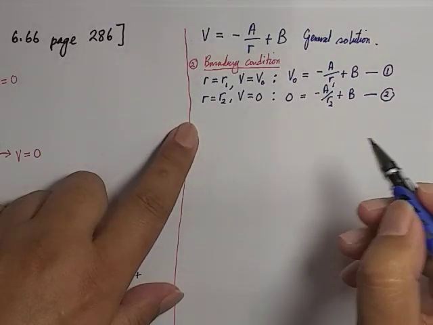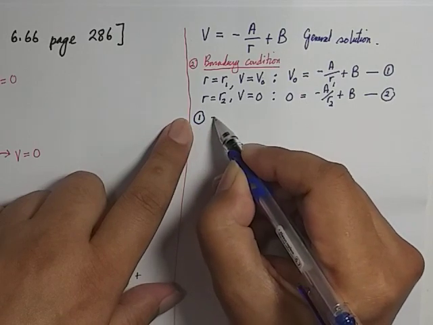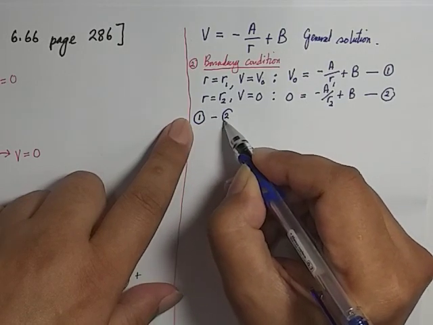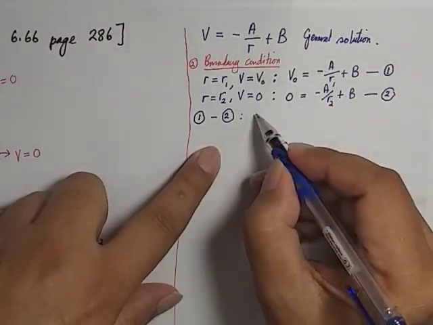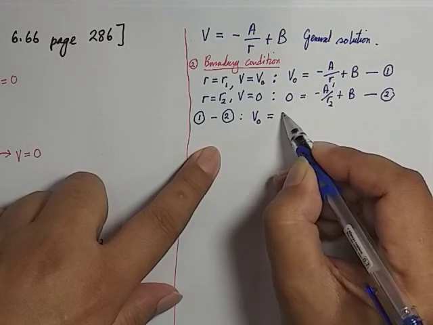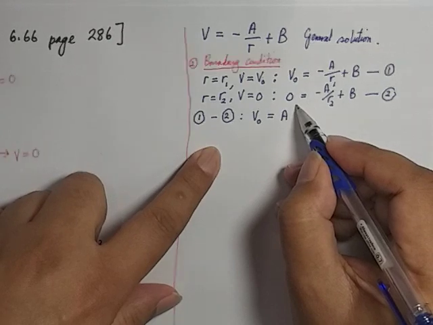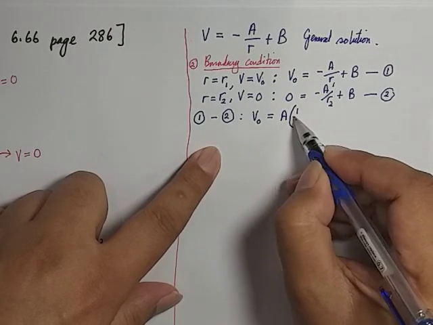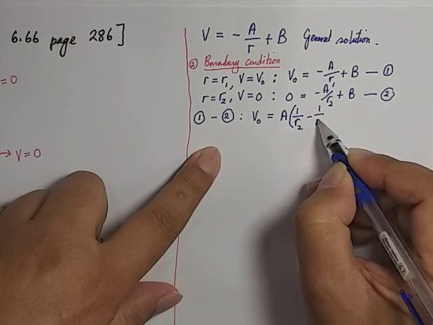If I do equation 1 minus equation 2, what's going to be my corresponding solution should be V0, correct? Equal to, I'm going to take the A out, and then I'm going to have 1 over R2 minus 1 over R1, correct?